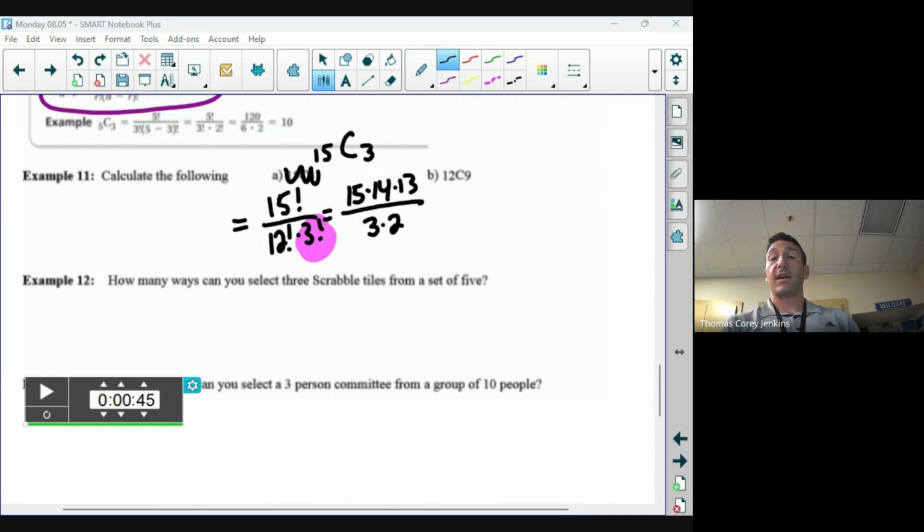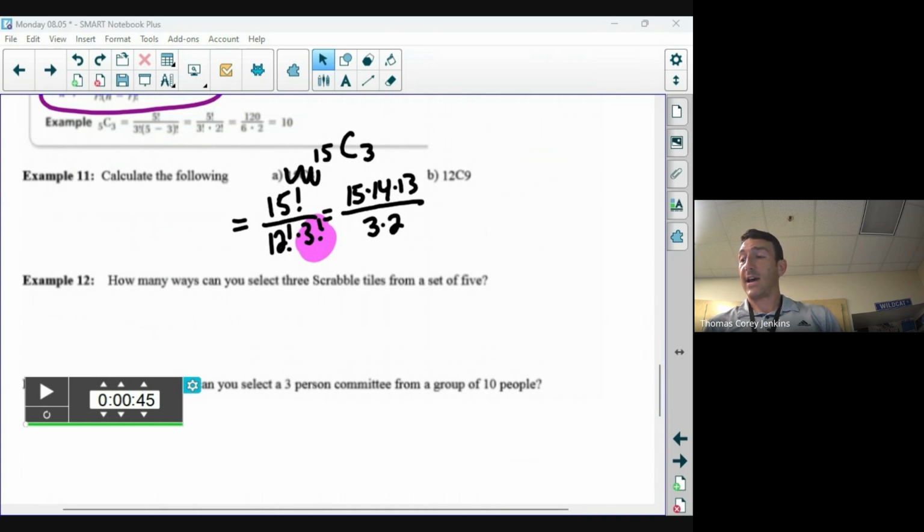I'm going to go to Math, then over to Probability, and the combination one, option 3. Then I type in my numbers, 15 and 3. The number here is 455.